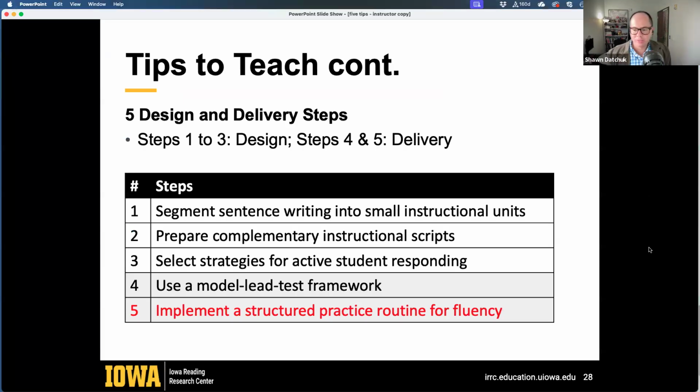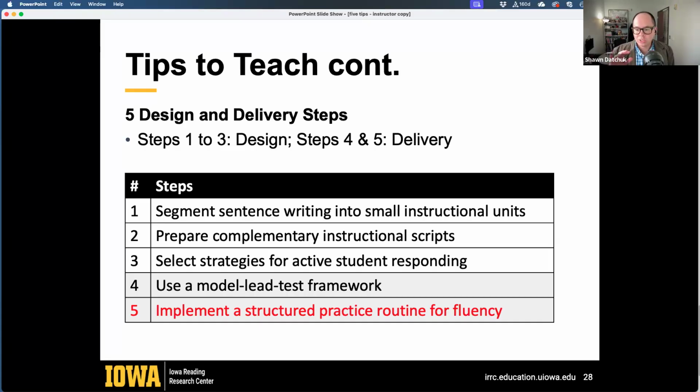So after students receive that instruction, sentence writing just can't stop there. For students to commit these important aspects of text writing and also sentence structure to long-term memory, they need to be proficient with it enough that they aren't actively having to attend to, oh wait a minute, is this a complete sentence?